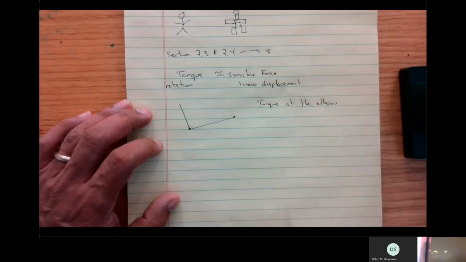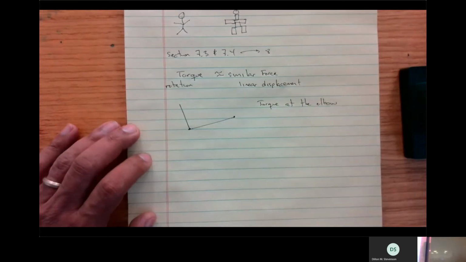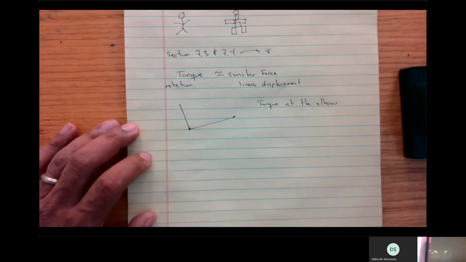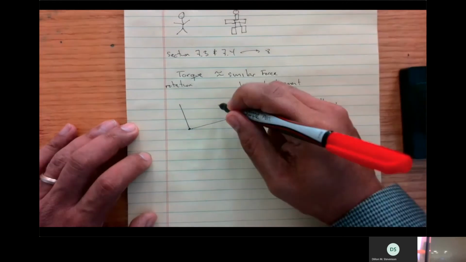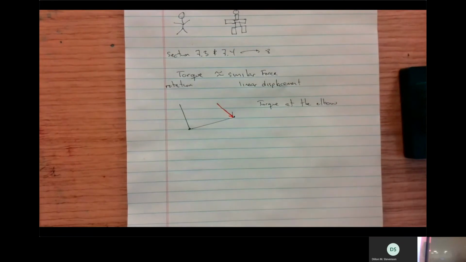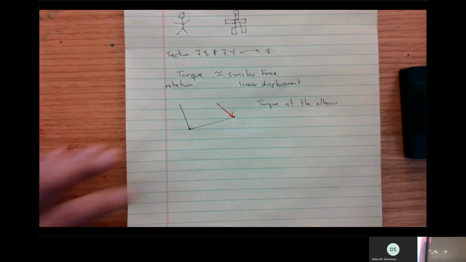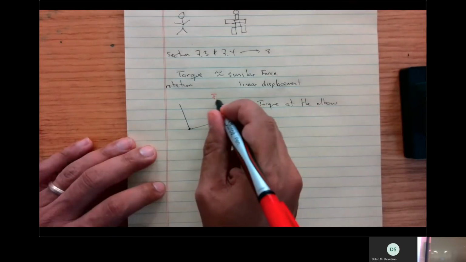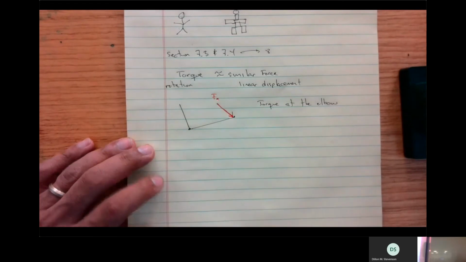And what we're going to do is apply a force close to the hand. It can be that it's pushing something, or catching a ball, or being pulled by a rope or something. That's the force that is being applied, and we're going to calculate the torque on the elbow.